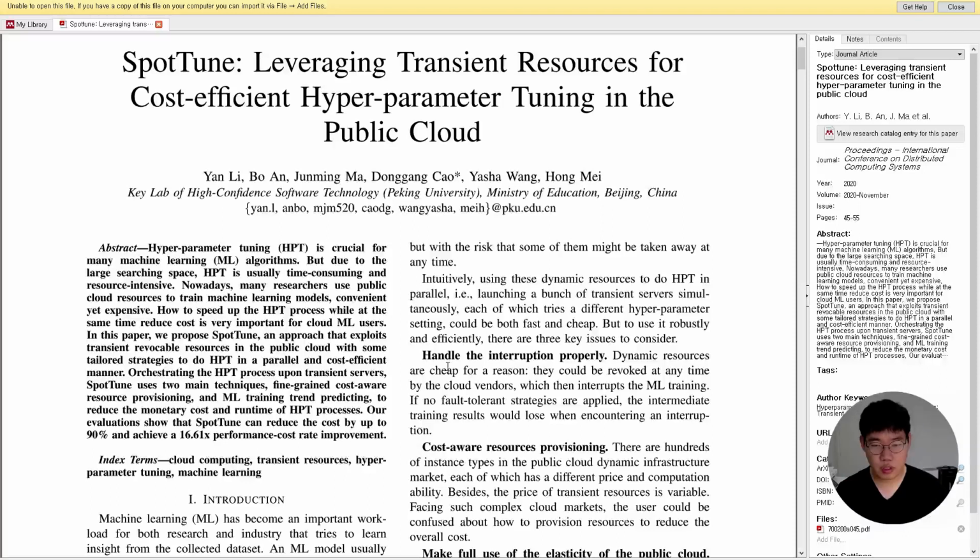Intuitively, using the transient resources for HPT in parallel, i.e. launching a bunch of transient servers simultaneously, each of which tries a different hyperparameter setting, could be both fast and cheap.